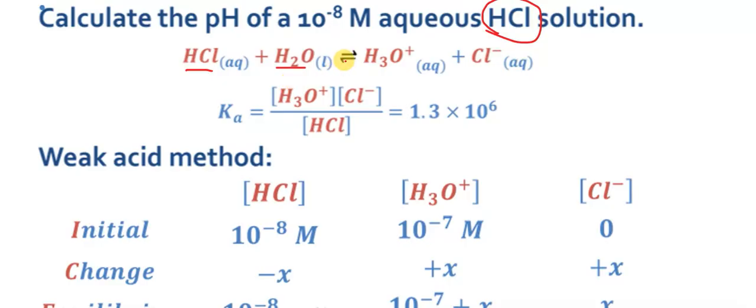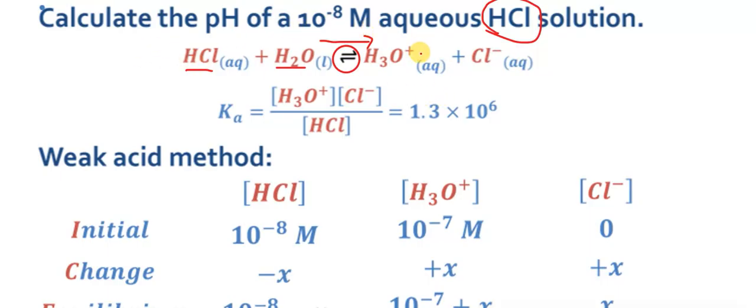If the acid is strong, first we justify the arrow. The reversible arrow is only used for weak acids, not for strong acids. In a strong acid, the arrow mostly points in the forward direction because it completely dissociates.